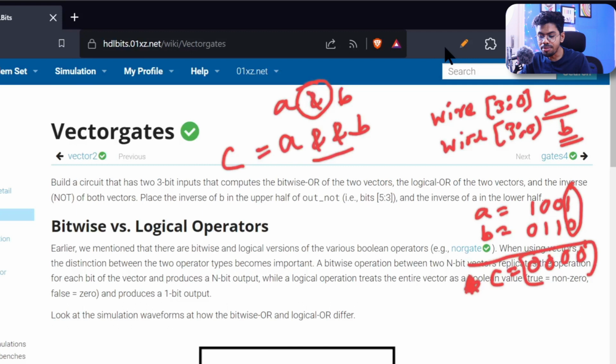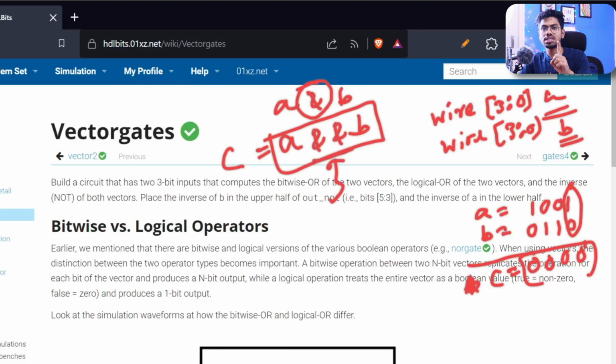But at the same time, if I use the logical AND, then what will I get? Any guesses? I will get only a 1 bit answer. As the name suggests, it's a logical AND, right? So logical AND will see this whole a as a whole. Is this a 0 number? No, it's not a 0, it's a non-zero number, 1001. Perfect.